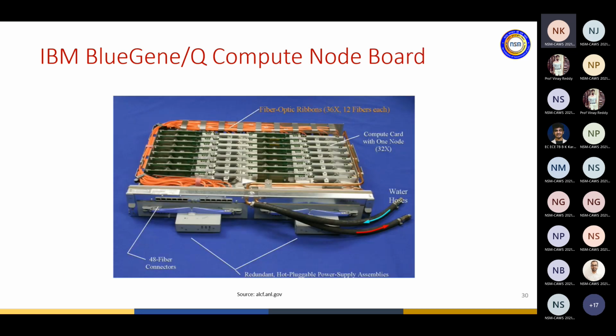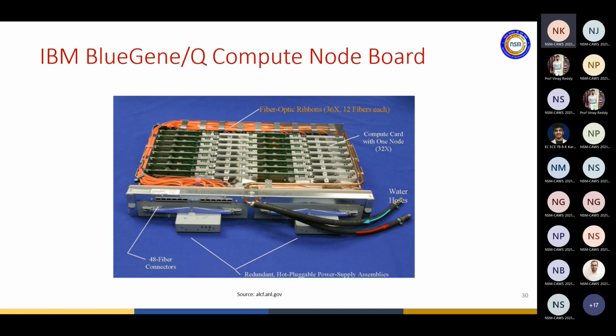Okay, so that was one node. What this figure shows is 32 such nodes packed into what they called a compute node board. Now, I think you can see this arrow. These are the nodes which we just saw, and then we have a lot of other components, right?